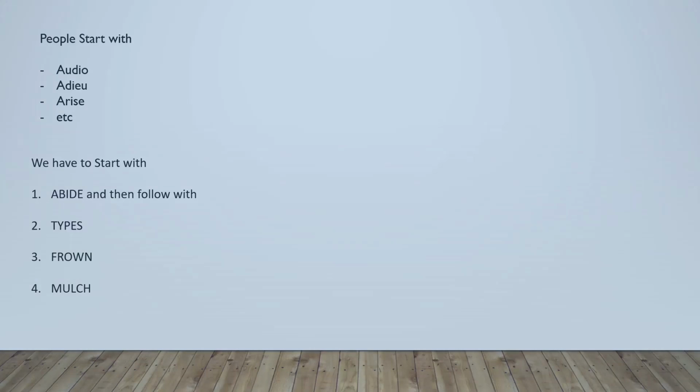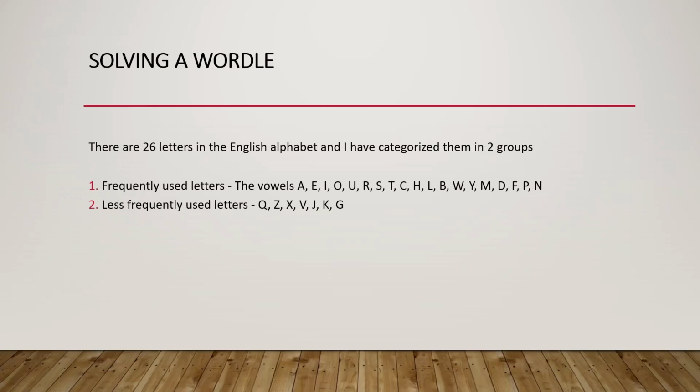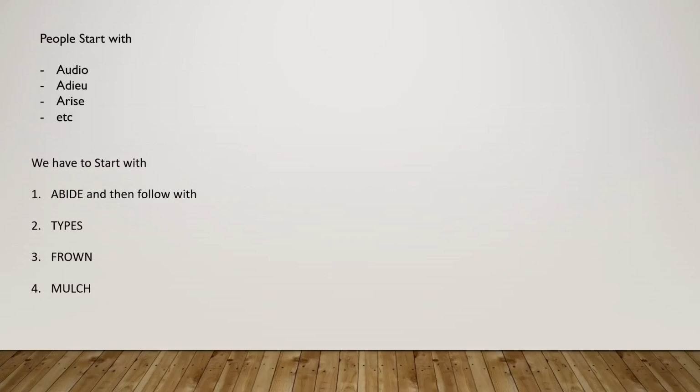So why have I put K and G in the less frequently used letters? Yes, they are a little less frequently used than the first category, but are more frequently used than Q, Z, X, V, or J. I haven't used them in the four words which I have just shown.